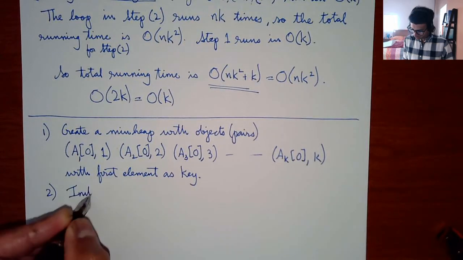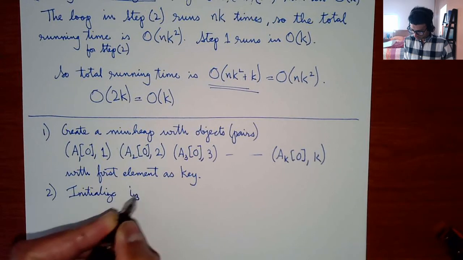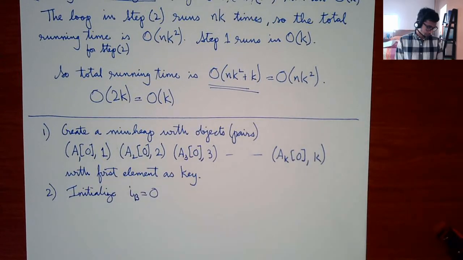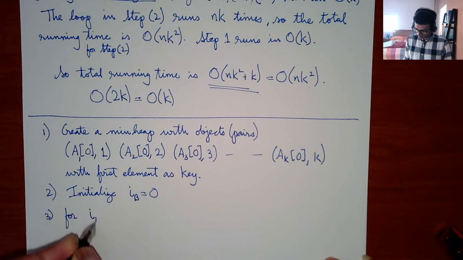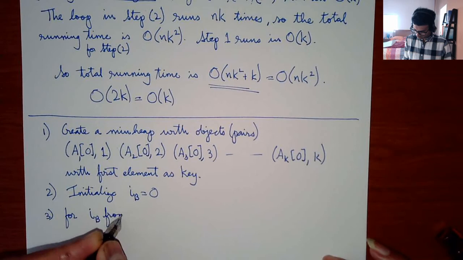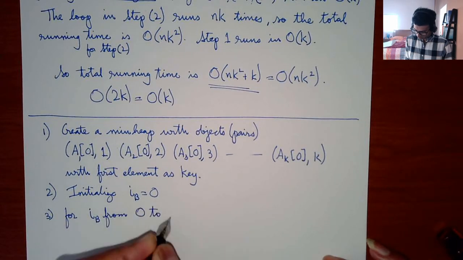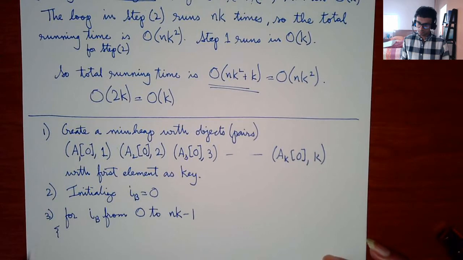Then I initialize IB being 0. And then I'll say for IB from 0 to n times k minus 1, open my braces here.